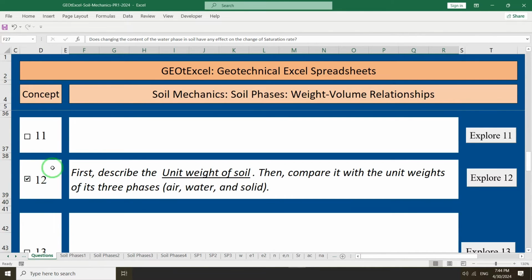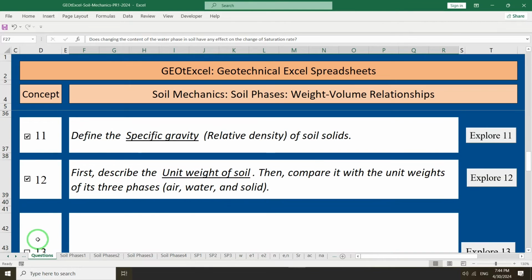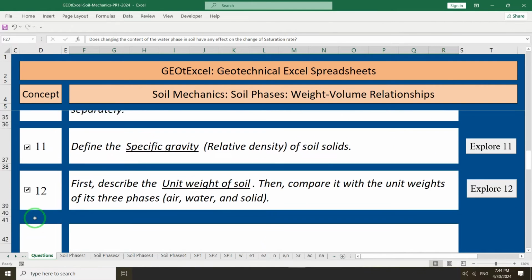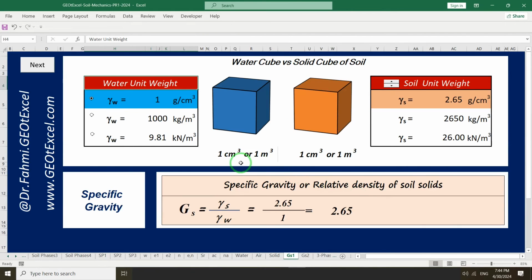Concept 11. Define the specific gravity, relative density of soil solids. Explore 11. Water cube versus solid cube of soil.